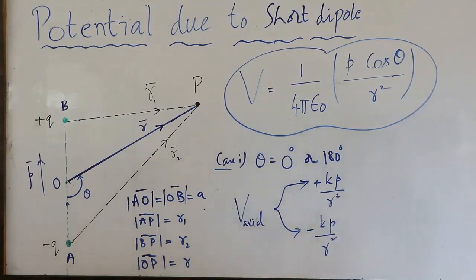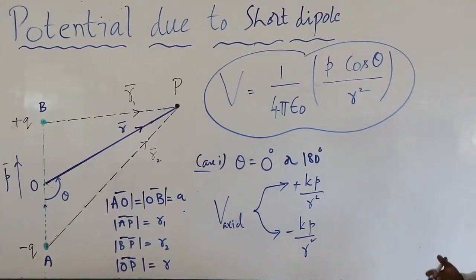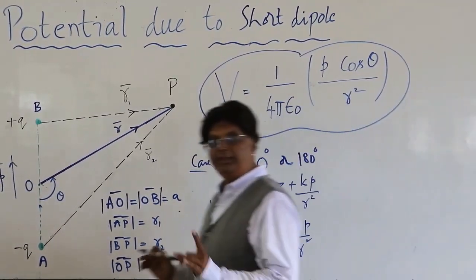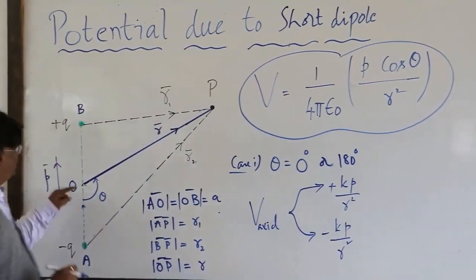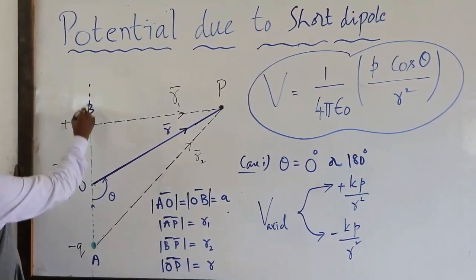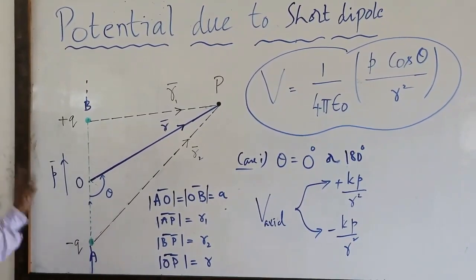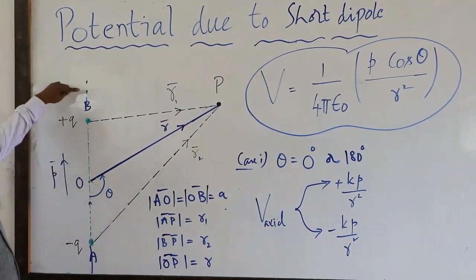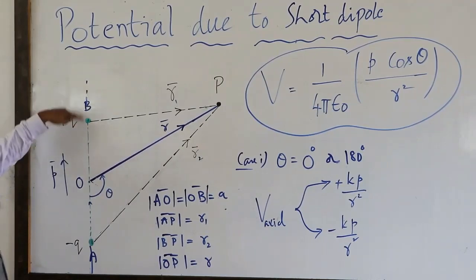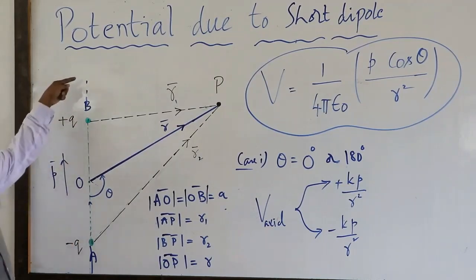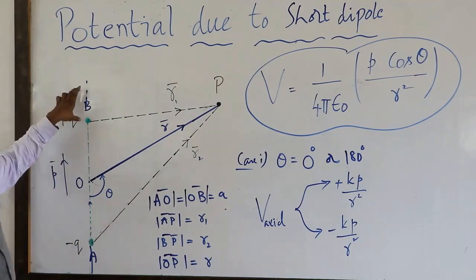Two cases are possible. Now I will show you which is positive and which is negative, because whenever you consider a dipole and an axial point, suppose you consider a point over here, the axial point, it is nearer to positive charge and farther to negative charge.